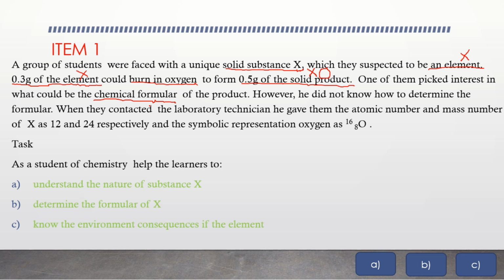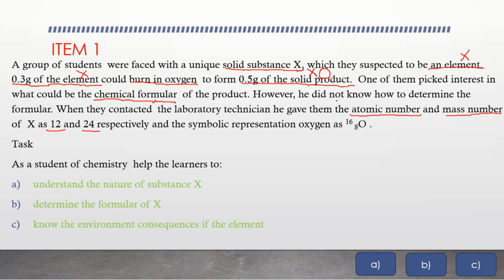So now they want the chemical formula of this X. However, he did not know how to determine the formula. When they contacted the laboratory technician, he gave them the atomic number and the mass number of X as 12 and 24 respectively.